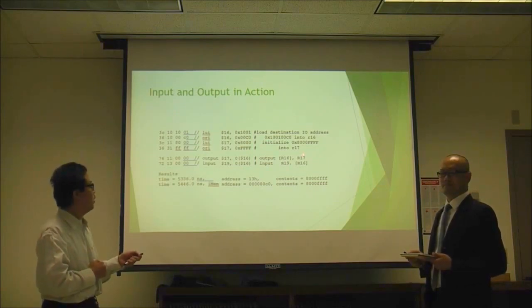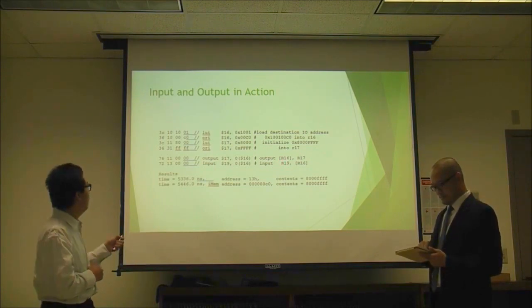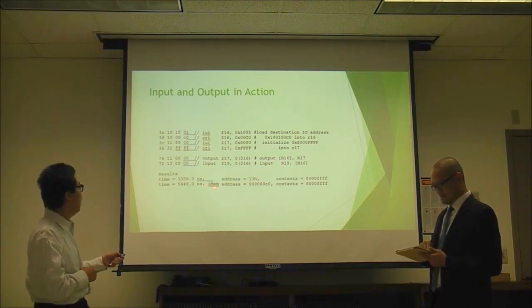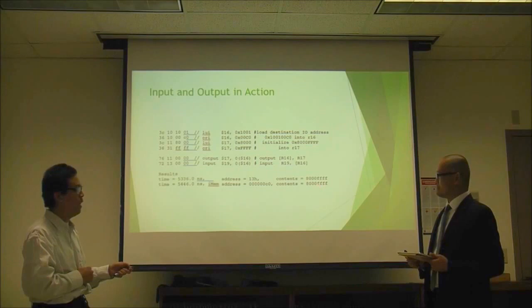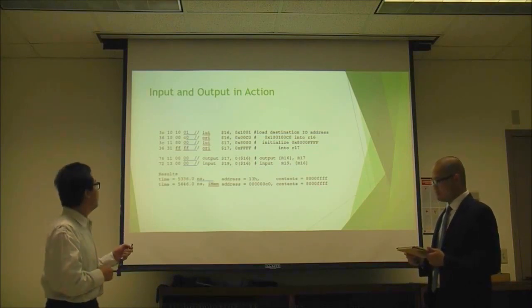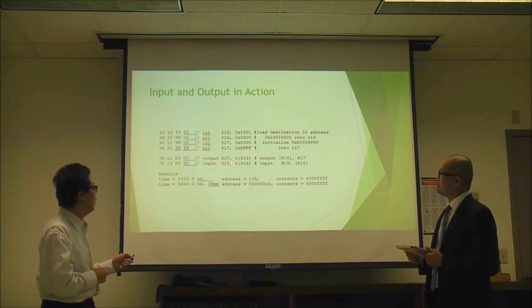What it means is that we're going to store the value of R17 into the memory location specified by register 16. You can see here in the results, I/O memory address location C0 will contain the contents of register 17, 8000 FFFF. And in the second instruction, we have input register 19, 0, register 16.